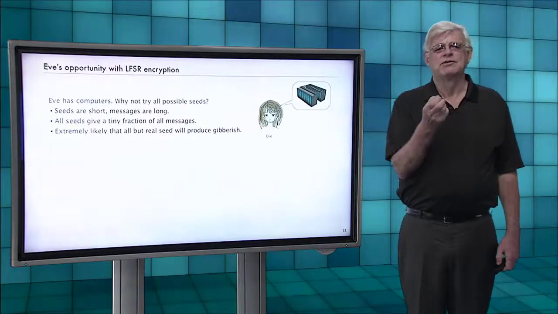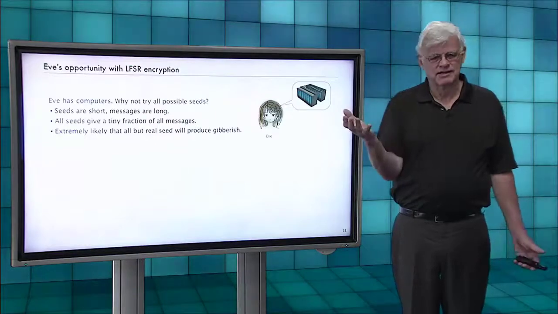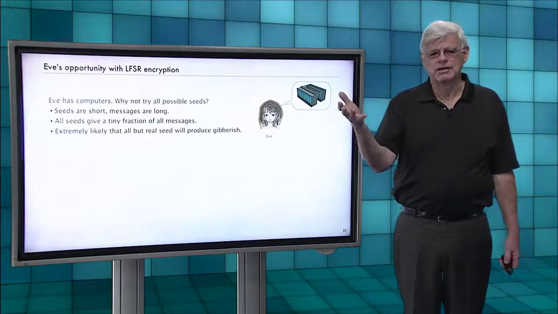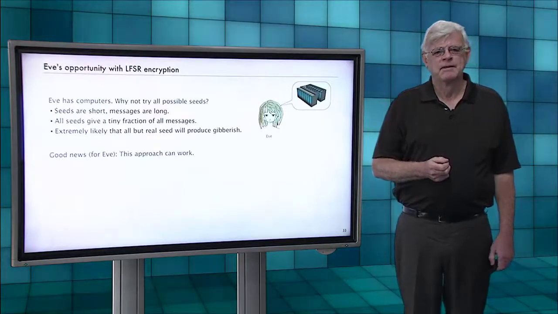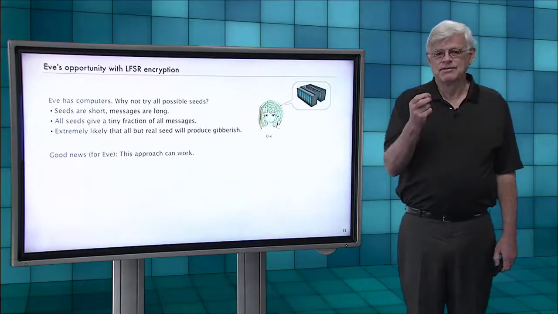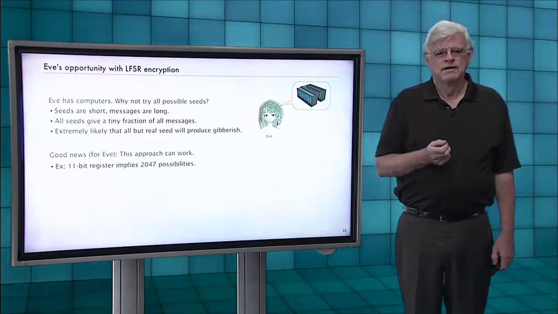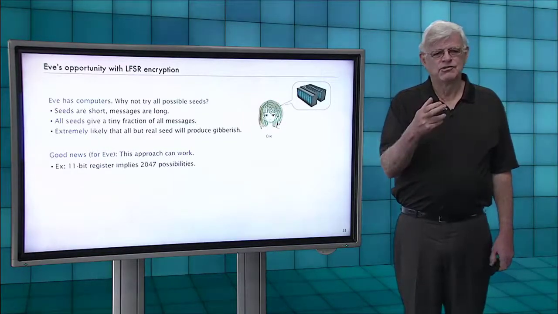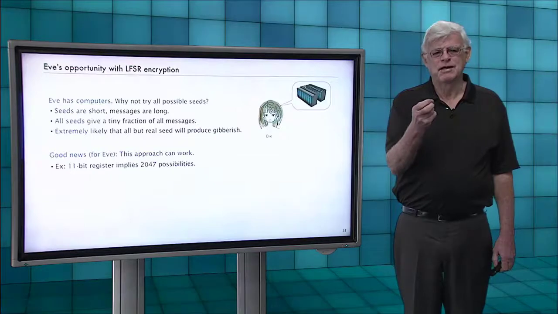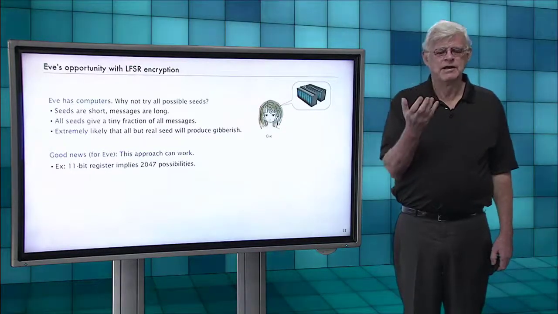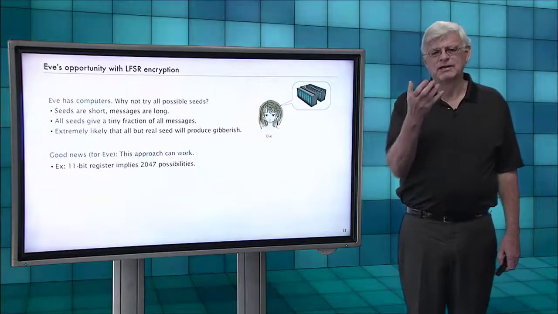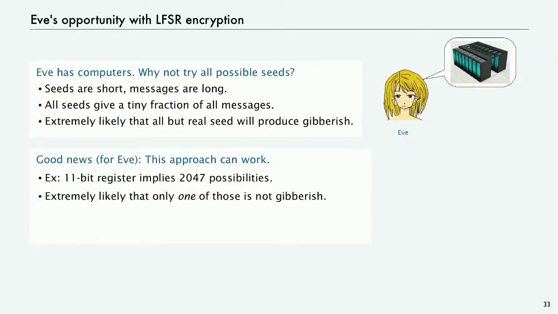Only the real seed is going to give a message that contains words that you could look up in a dictionary or recognize as a real message in some other way. And the good news for Eve is that this approach can work. For our 11-bit register, there's only 2,000 possibilities, so it would take her no time at all to try all possibilities and see if she can find a real message.